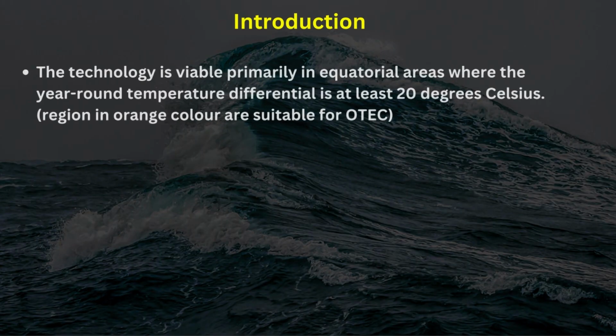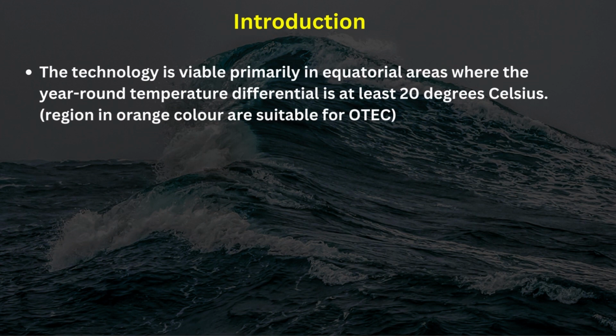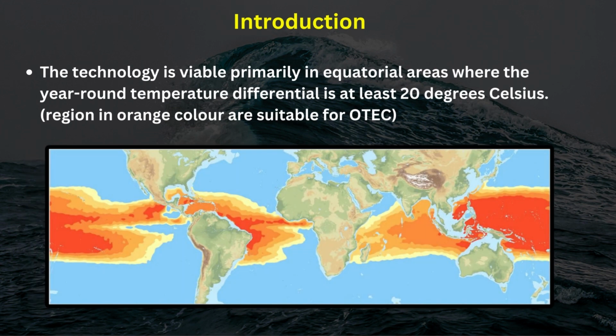The technology is viable primarily in equatorial areas where the year-round temperature differential is at least 20 degrees Celsius. In this picture, you can see the areas which are suitable for ocean thermal energy conversion.